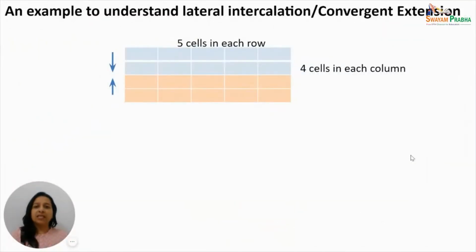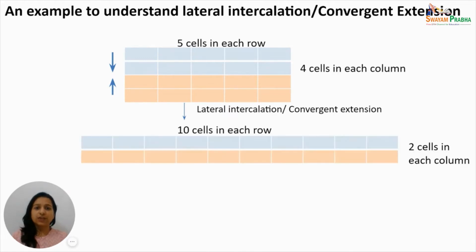Here we have an example to understand lateral intercalation or convergent extension. Here we have 5 cells in each row and 4 cells in each column. That is a total of 20 cells, in which the upper 2 rows of cells are of one type and the lower 2 rows are of a different nature. When lateral intercalation or convergent extension happens, there will be 2 rows with 10 cells in each row.